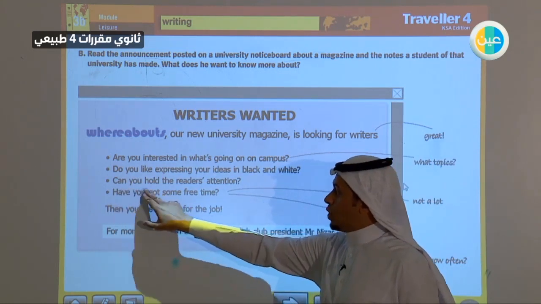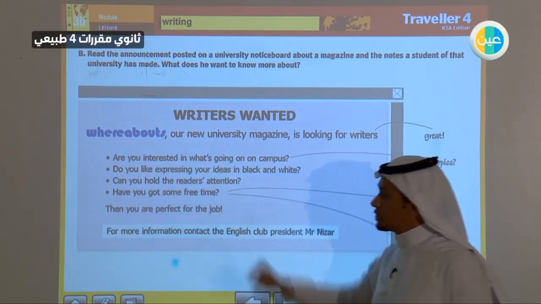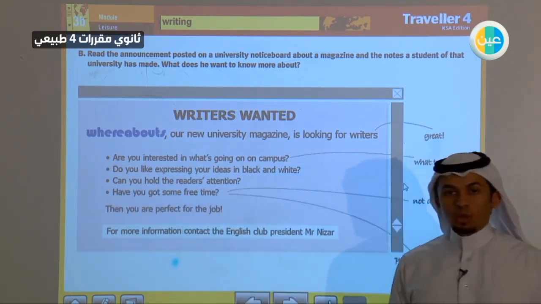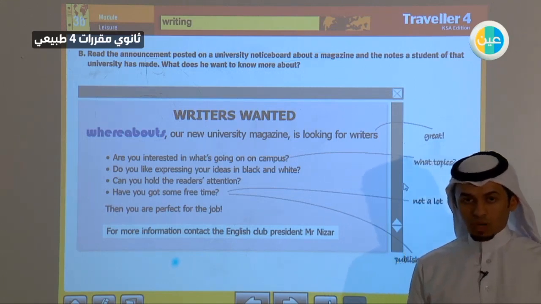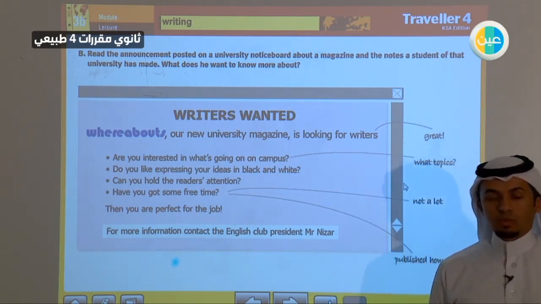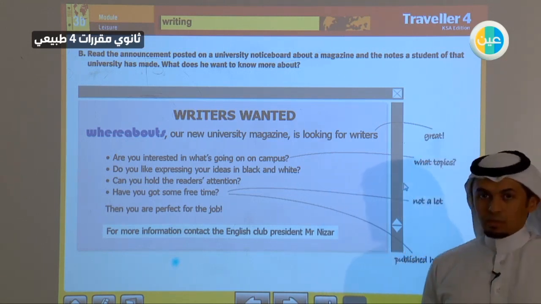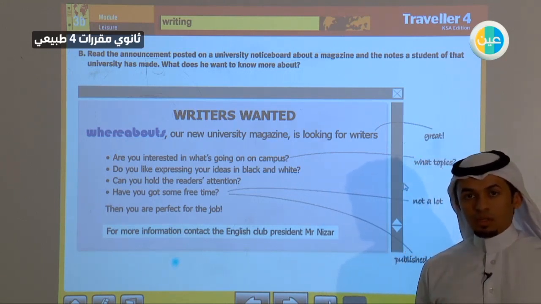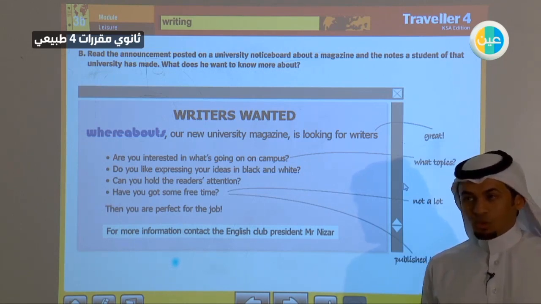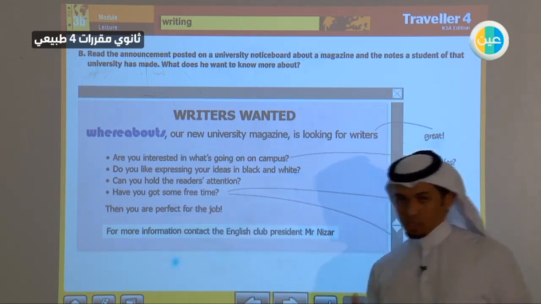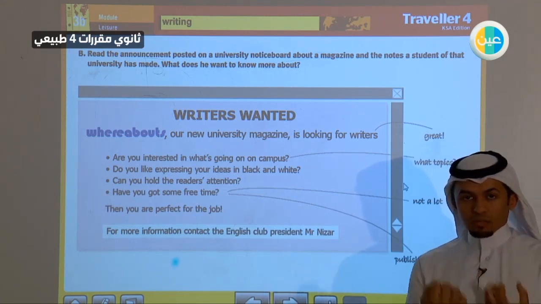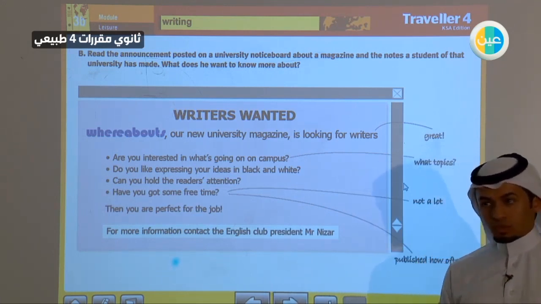Next, can you hold the reader's attention? When you write something in the newspaper or in the magazine, you cannot see the readers, but can you hold their attention? Can you attract them and make them love what you write about?